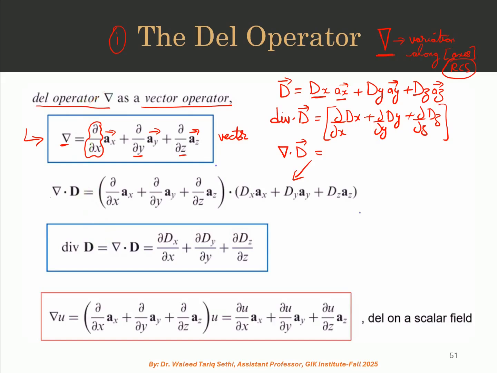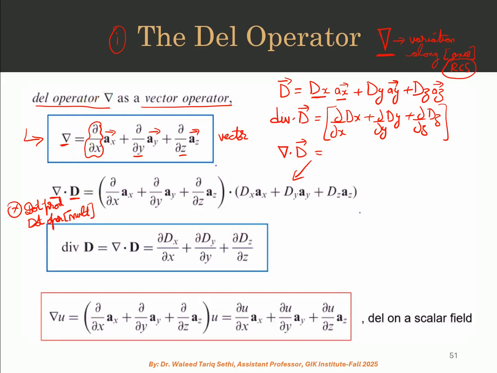So now I'm taking the del operator and doing the dot operation on this vector D. Keep in mind, this is not the dot product. Rather, it is the dot operation, or in simple words, we are just multiplying the two elements.